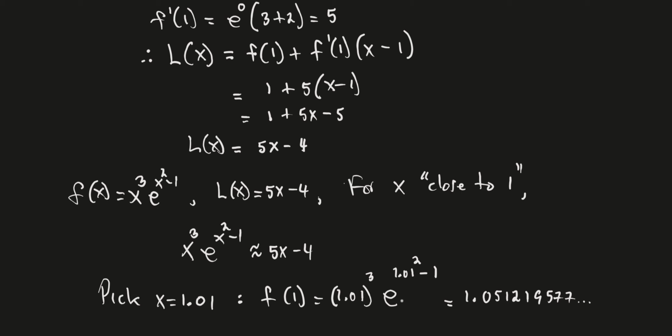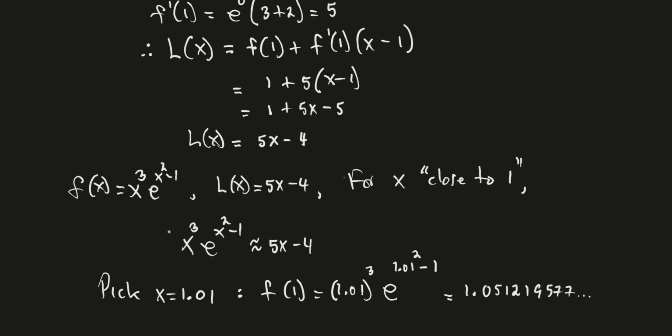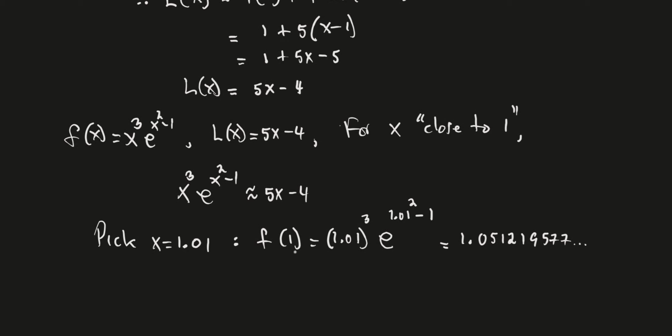This function is just an arbitrary function that I picked, and here is its function value at a value of x that's close to this point of tangency. So now let's see what happens if I plug 1.01 into my linear approximation. If I take L of 1.01, that's going to be 5 times 1.01 minus 4.